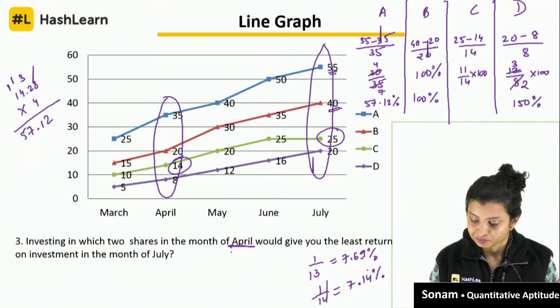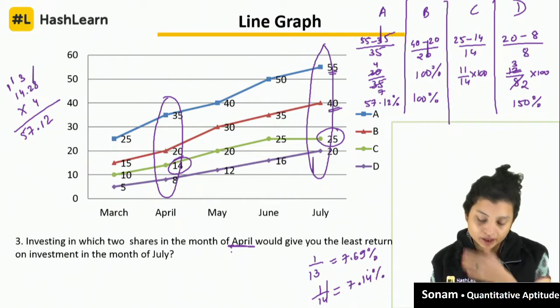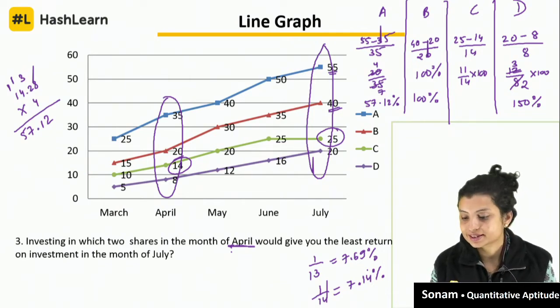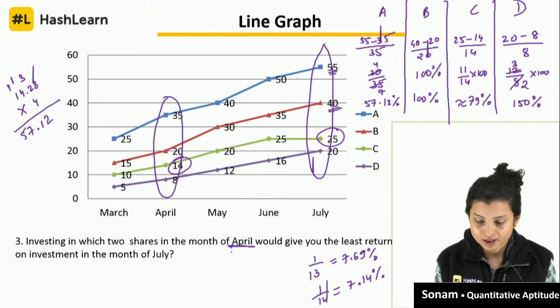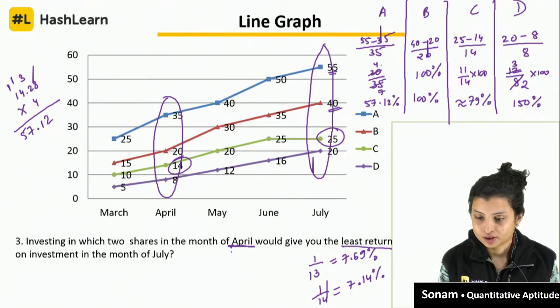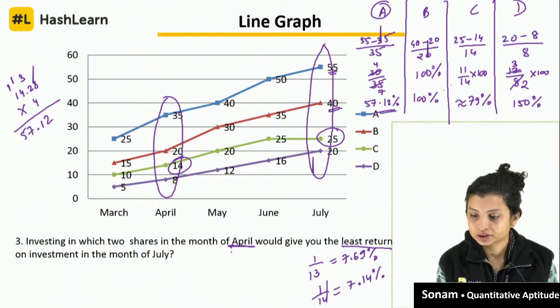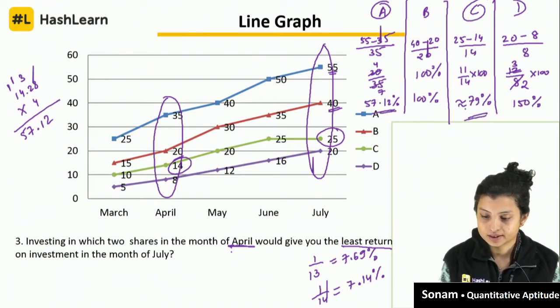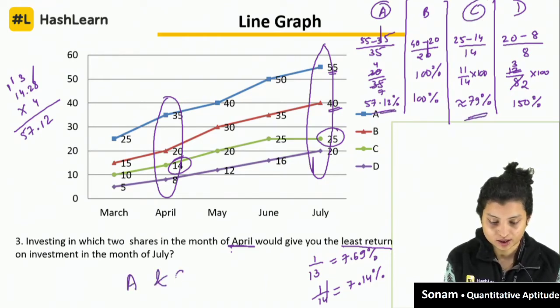Quickly do that. 7.14% into 11, if I do, that will be somewhere around 78, 79, isn't it? So which two are the least? They are asking you which will give you the least return. So A will give you very little return and C will give you very little return. So A and C is your answer.